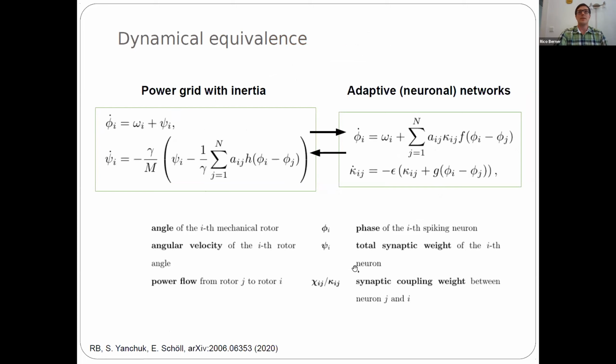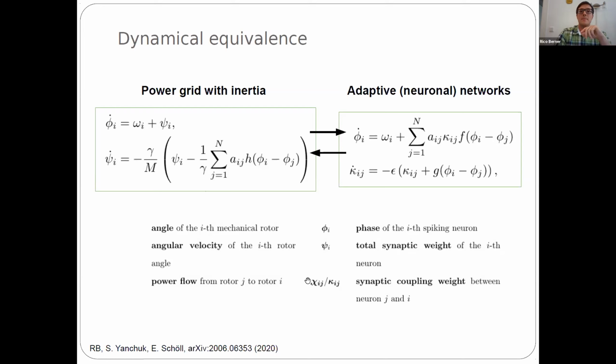What we develop is a unified framework in which we can now unify the power grid networks with inertia and the adaptive neuronal networks, where the phase variable is either the angle of the mechanical rotor or the phase of the ith spiking neuron, where the psi i here on the left side is either the angular velocity of the ith rotor or the total synaptic weight, or if f is equal to 1, it's the total synaptic input.